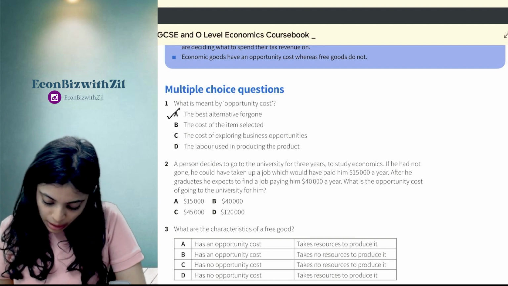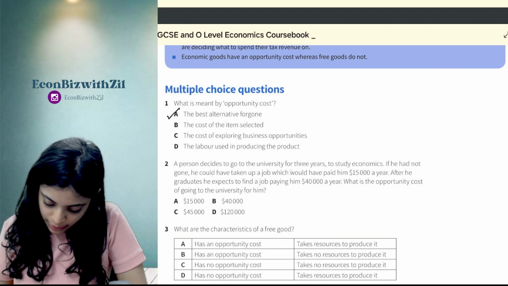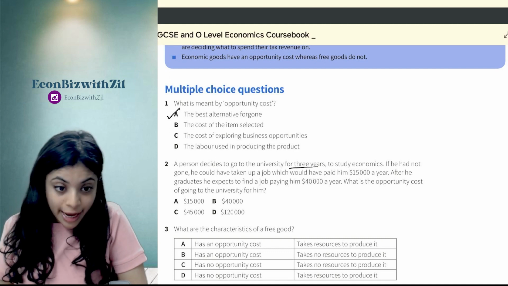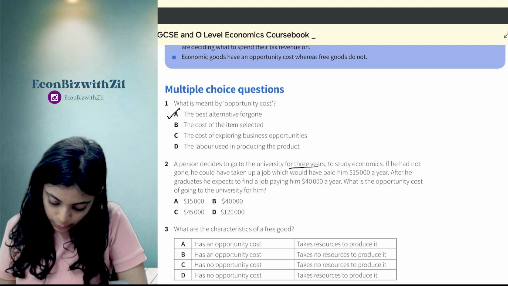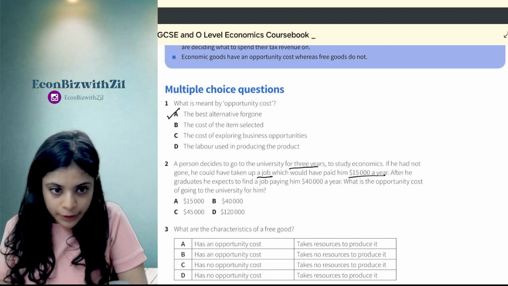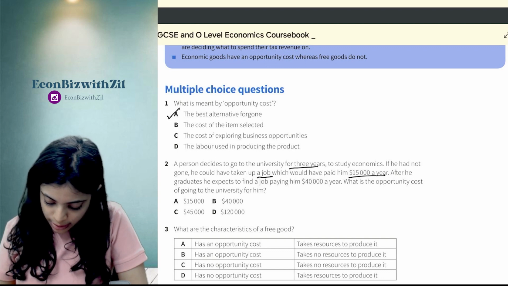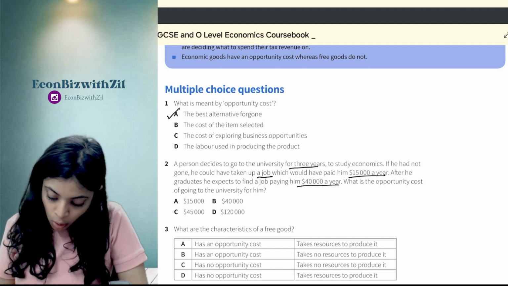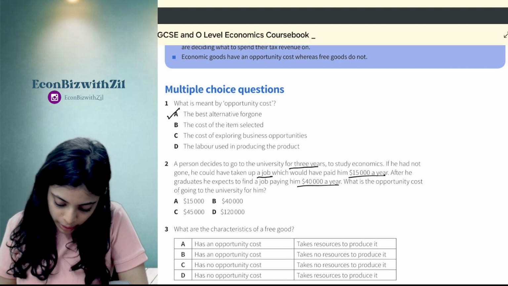Second, a person decides to go to the university for 3 years to study economics. If he had not gone, he would have taken up a job which would have paid him 15,000 a year. After he graduates, he expects to find a job paying him $40,000 a year. What is the opportunity cost of going to the university for him?